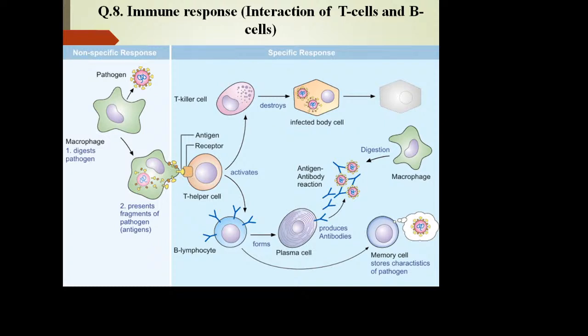T helper cells don't kill the pathogen. They have a lot of receptors to recognize antigens on the surface of the macrophage. You know that there are two groups of T helpers, Th1 and Th2.